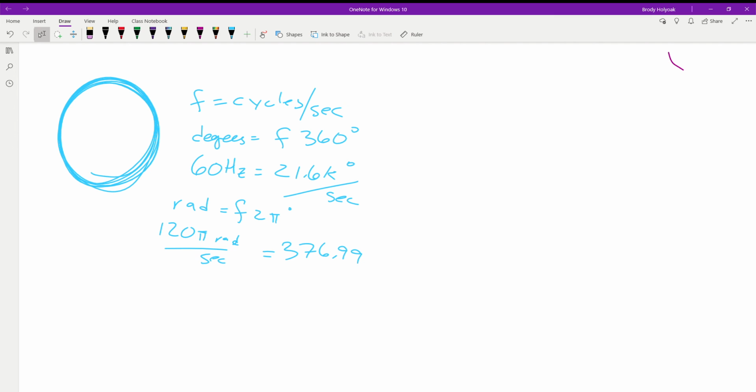Okay. What if I had something that was cycling at 4,200 RPM? It's like the engine of a truck. You've got 4,200 RPMs, and we want to know how many degrees we are going. What's our angular velocity at 4,200 RPM?